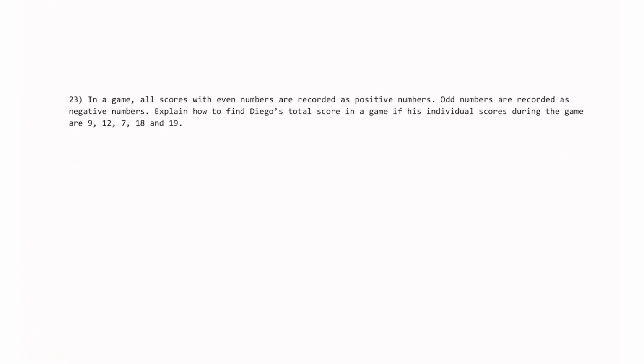And the last question, in a game, all scores with even numbers are recorded positive. Okay, so if it is even, it is recorded as a positive number. Odd numbers are recorded negative. So if you score odd number, it is recorded as a negative number.